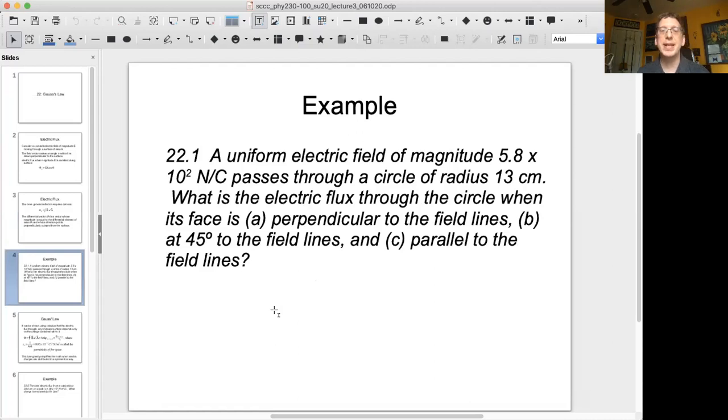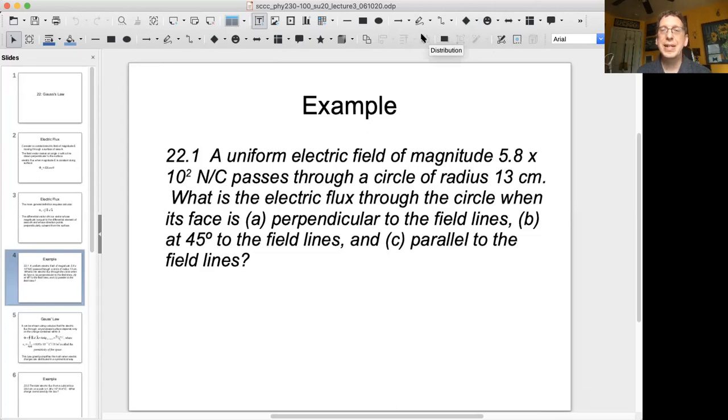So this problem states that a uniform electric field of magnitude 5.8 times 10 to the 2 newtons per coulomb passes through a circle of radius 13 centimeters. So what is the electric flux through the circle when the face is perpendicular to the field lines, and when it's at 45 degrees to the field lines, and when it's parallel to the field lines?